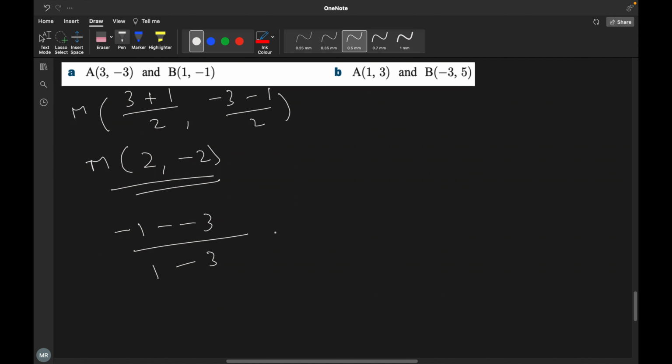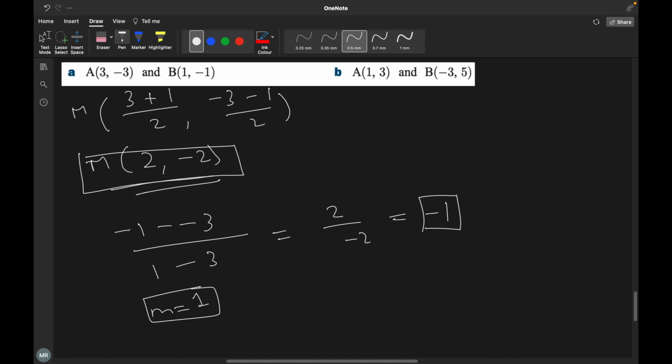So that's negative 1 plus 3, which is 2, over 1 minus 3, which is negative 2, so negative 1. So we have the gradient, we have the midpoint. This is the gradient of the line, so the negative reciprocal of this would be 1, so m equals 1.